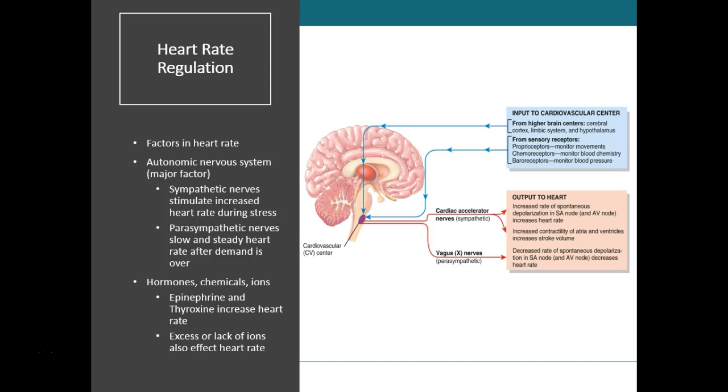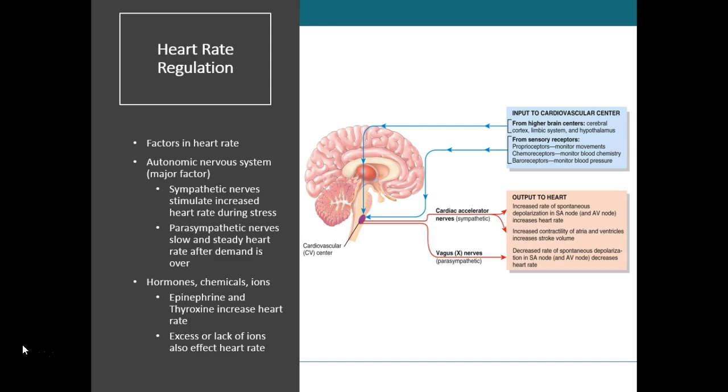Exercise, stress, and excitement can all cause the adrenal medulla to release even more hormones. Also, there are thyroid hormones that enhance cardiac contractility and increase heart rate. So one sign of hyperthyroidism, or too much thyroid hormone, is tachycardia, or elevated heart rate when resting.